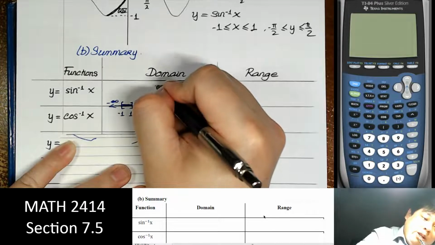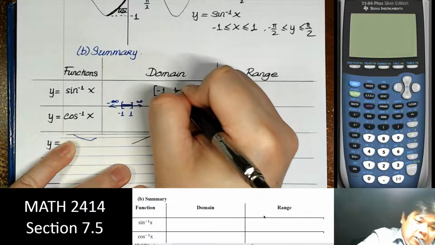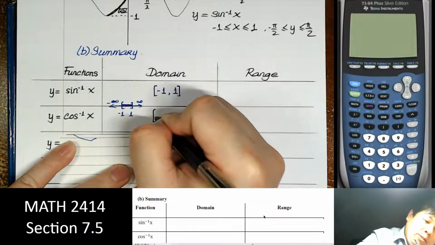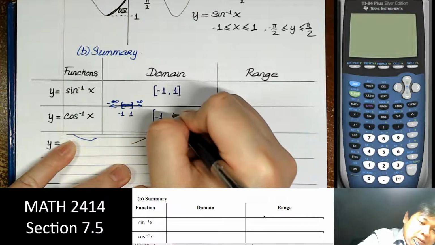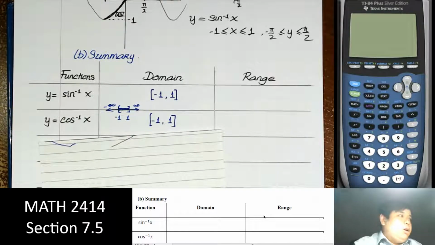So the domain for this one is -1 to 1, for sine and cosine inverse.